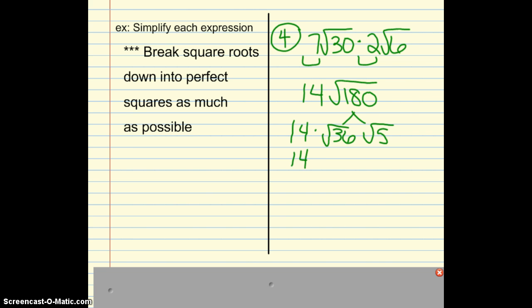So I'm going to have 14 times the square root of 36, which is 6, times root 5. And root 5 we can't simplify any further. So 14 times 6, 84, times root 5.